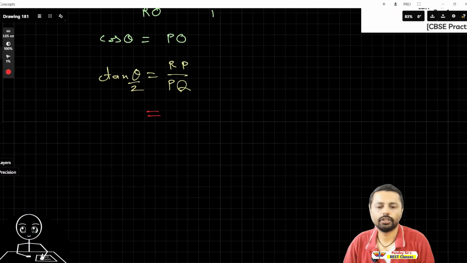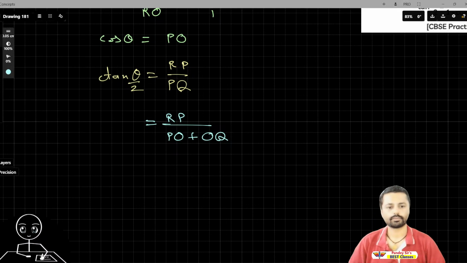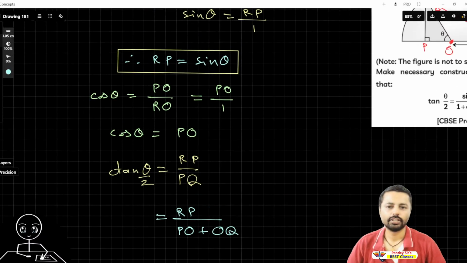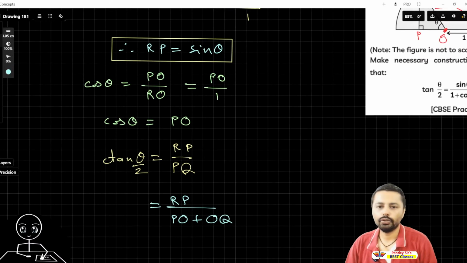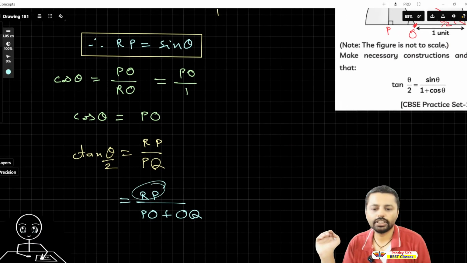So it equals RP by PO plus OQ. Now RP value we already know, it is sin theta.